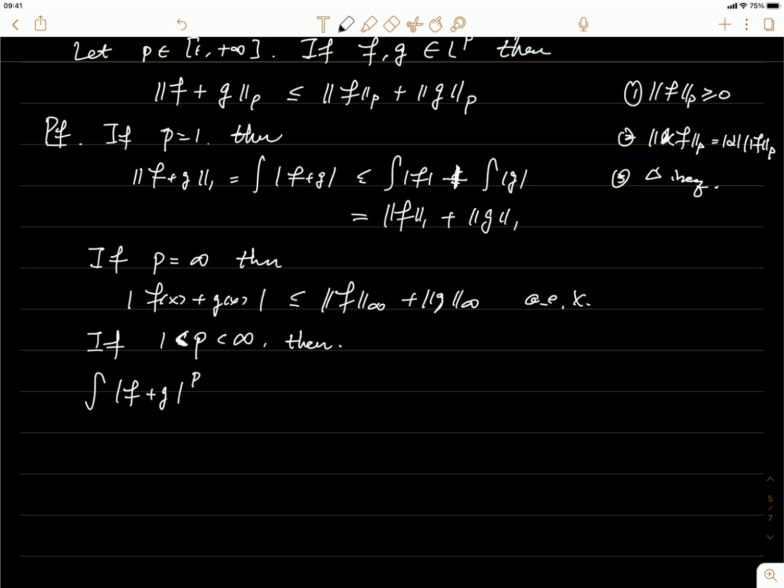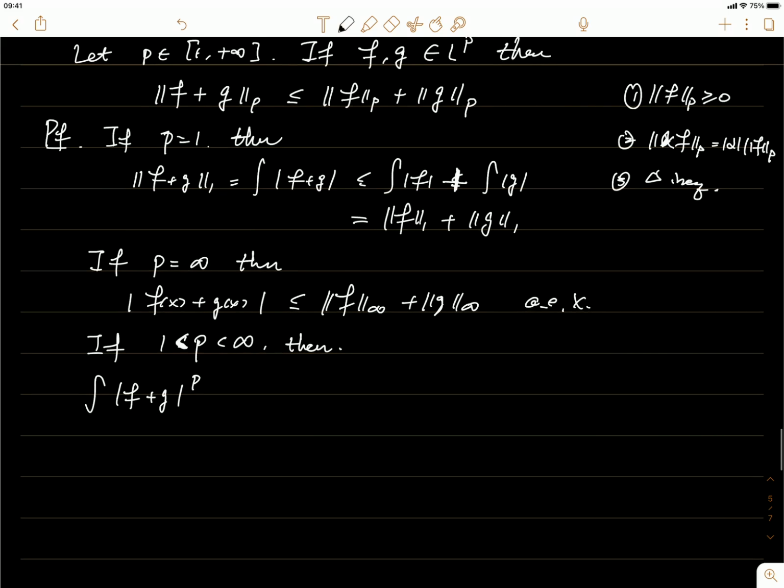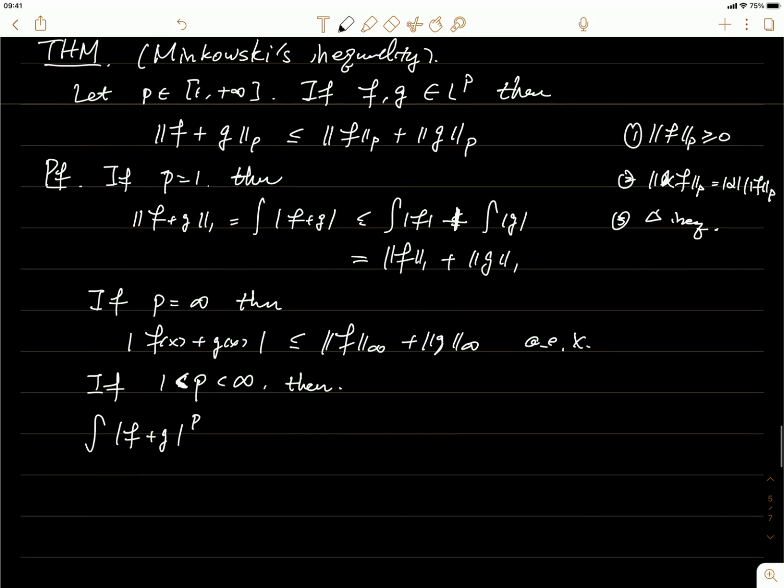So we take the integral here. I ignore the set, because it doesn't matter if it's finite or not; it's just any arbitrary set. We can show that this is equal to, just split the power, because p is bigger than 1, so I can split into p minus 1 and 1.